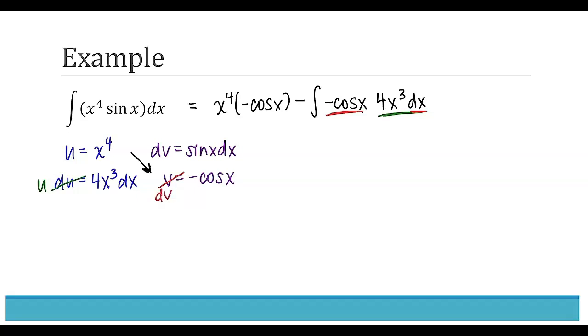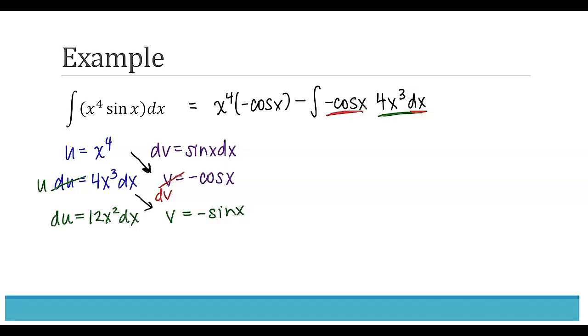So now if I apply the integration by parts again, u is 4x cubed, so my new du is going to be 12x squared dx, and my new v is going to be negative sine x. Then I would multiply across my diagonal here.